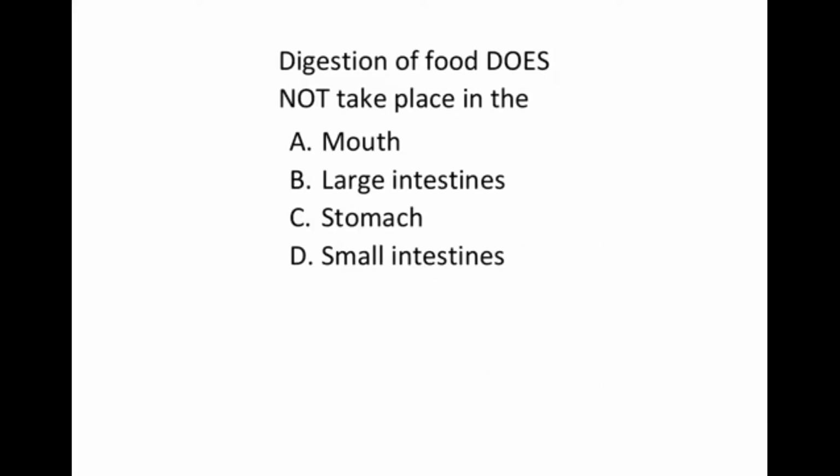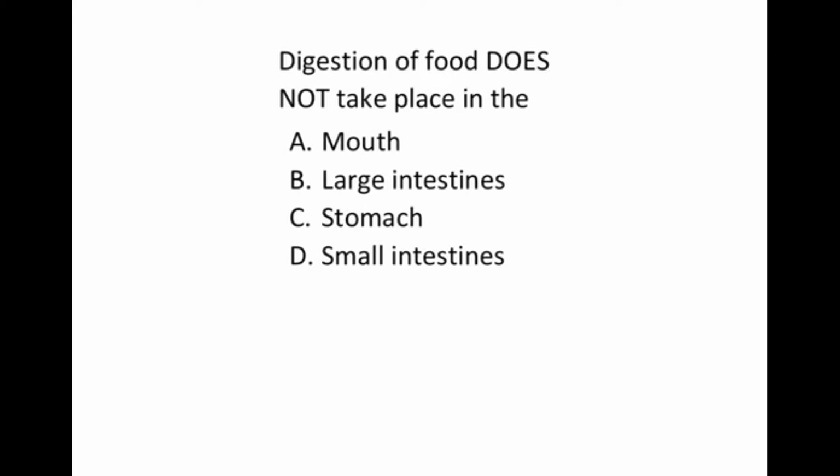Digestion of food does not take place in the A. Mouth, B. Large intestine, C. Stomach, D. Small intestine. For us to get the correct answer, we have to know the parts where digestion of different nutrients takes place.